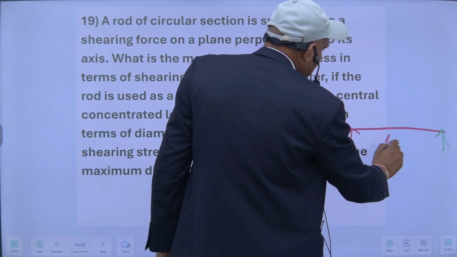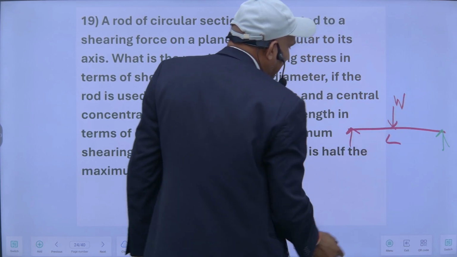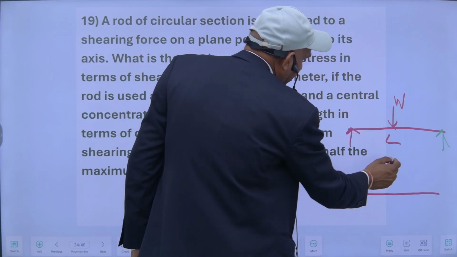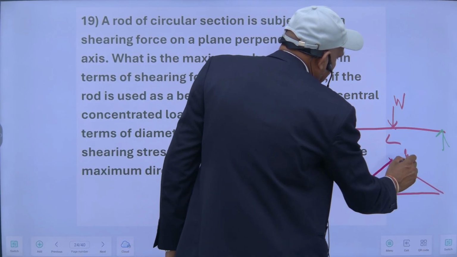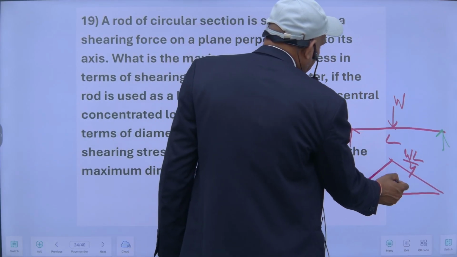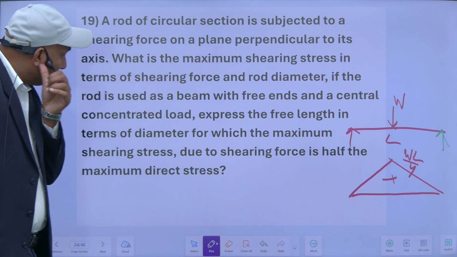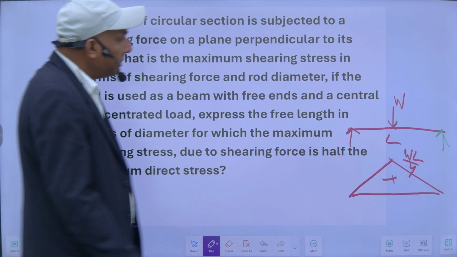This is L and this is W. Now its bending moment will be WL upon 4, and its section is this one.